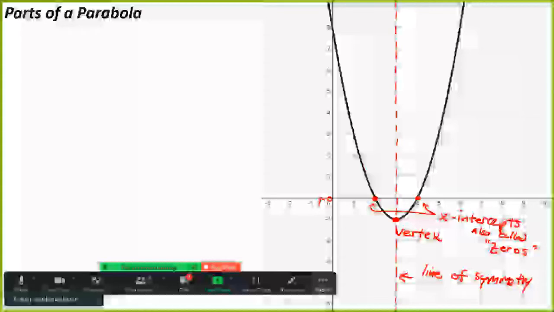Those are important, and they can be useful for graphing as well. Any questions right now? We talked about the vertex, the line of symmetry, and the x-intercepts, also called zeros.